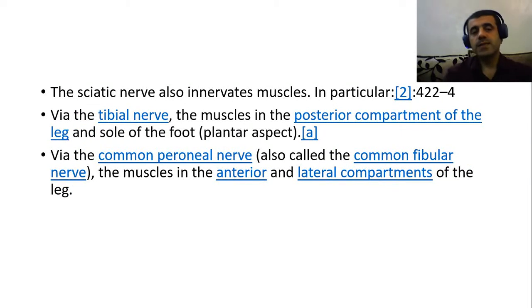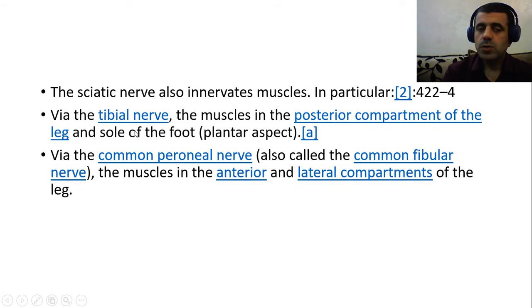Now, the sciatic nerve also innervates muscles, in particular through the tibial nerve. It supplies the muscles in the posterior compartment of the leg. And the muscles of the sole of the foot, the plantar aspect of the foot, are supplied by the tibial nerve.